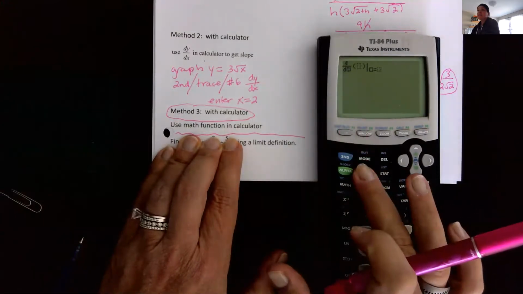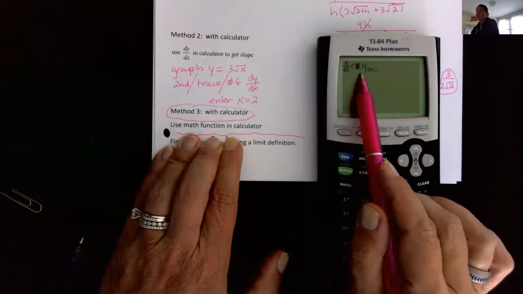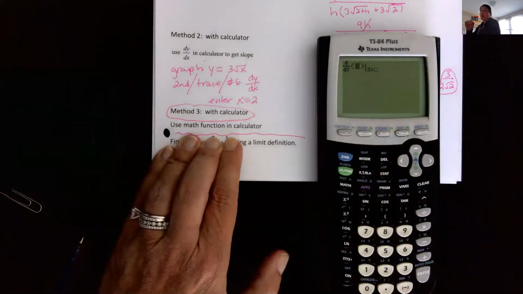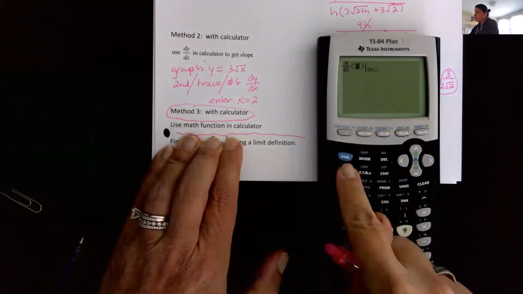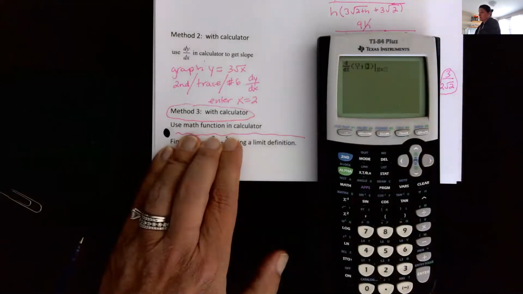We need to tell it d dx, so it's with respect to x that we're taking the derivative, the instantaneous rate of change. Here we have to put in the function. Notice, I have the function in y1, so I can just do this, or you can retype 3 root x. And the x value of 2 is what we're looking for: the instantaneous rate of change of 3 root x at x equals 2.